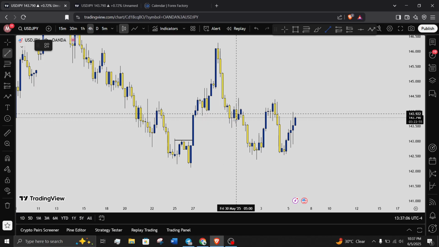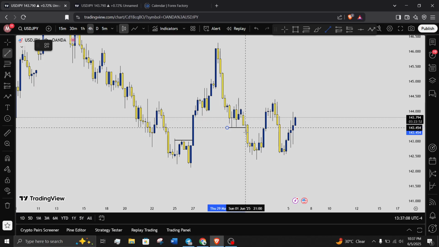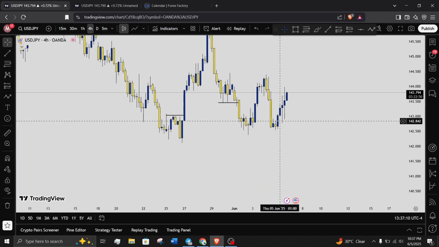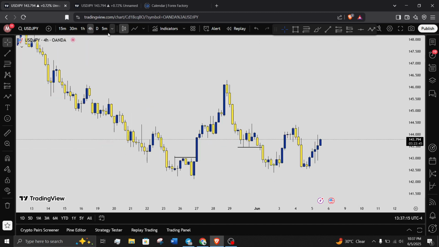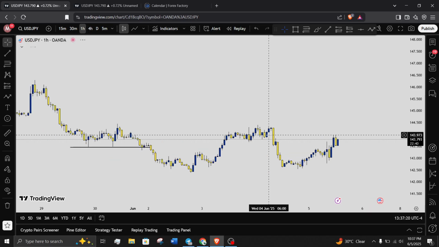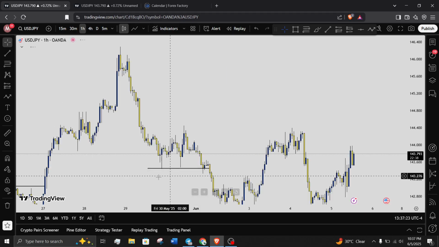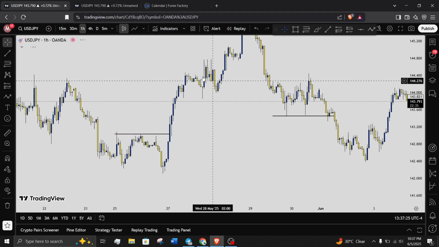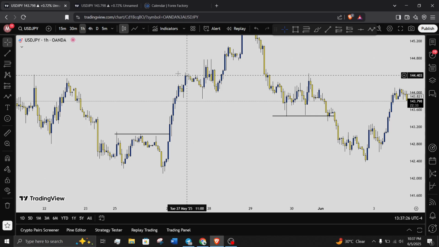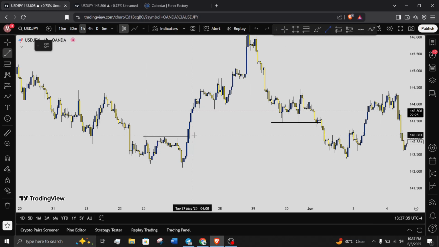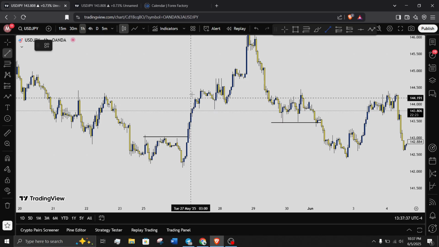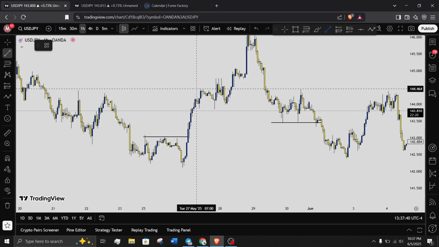Then we start moving down and make this low. Now you can shift between time frames to see it more clearly. You can see this was some sort of consolidation on the 4-hour time frame, but here we can see an actual high and a low, and we can mark our structure accordingly. So we break this high. This was our low, and this was the high that we created.